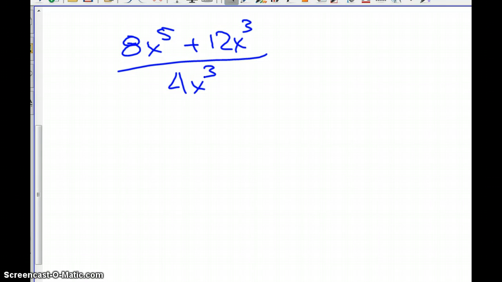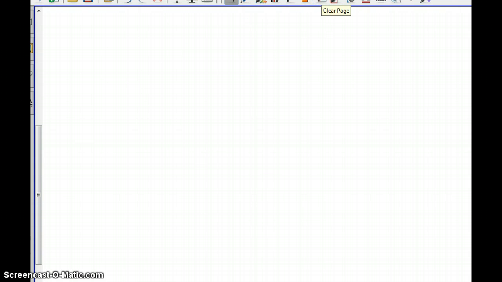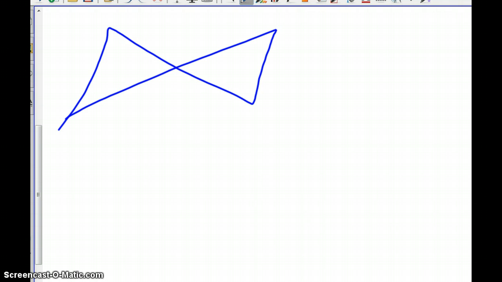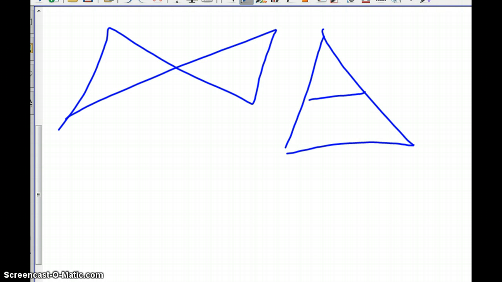Parallel lines. We have done similar triangles, some that look like this, some that look like this, only if these two are parallel, which I think they have to be, for those to be similar triangles. Parallel lines also tell us that triangles are similar.